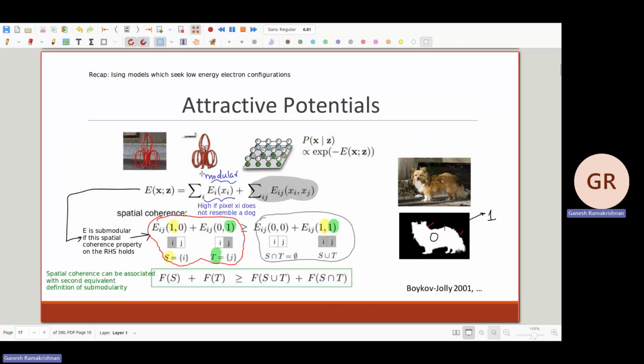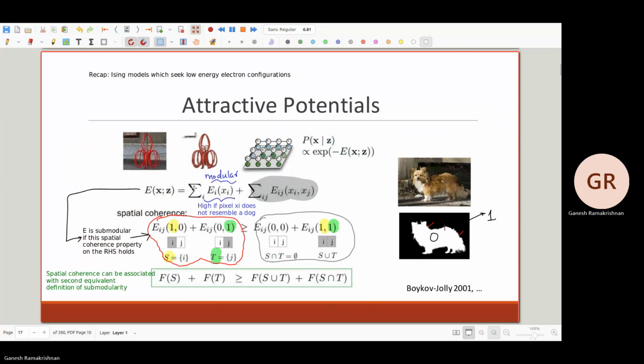So the first component here is modular. E(x, z), where x is the configuration, and P(x, z) let's say is exponential of the negative of E(x, z), where z is a given data image. x_i, x_j are the labels you're associating with the pixels in the image.